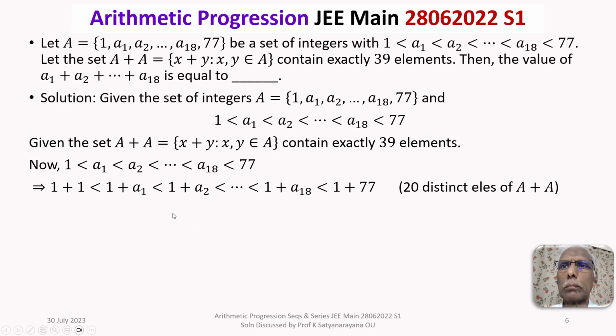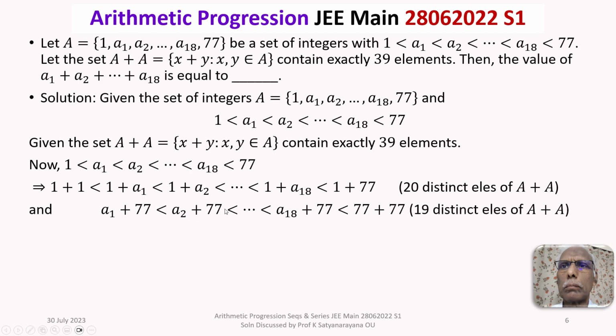Now, to 77, add a1, a2, and so on and so forth. So 77 plus a1 less than 77 plus a2, less than etc., less than a18 plus 77, less than 77 plus 77.